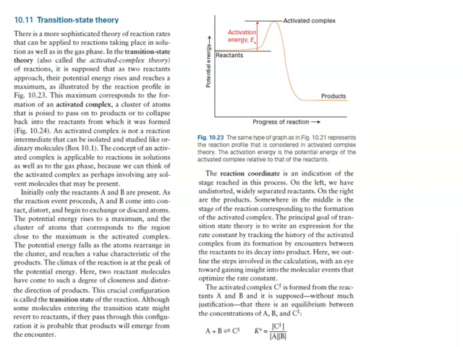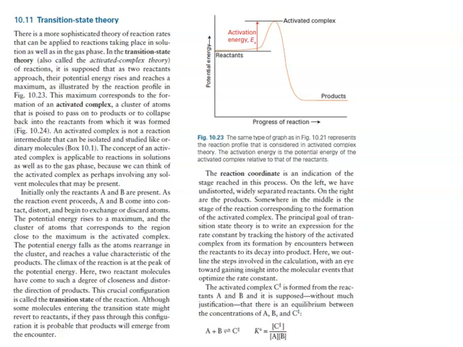So, moving along nicely to transition state theory. There's a more sophisticated theory of reaction rates that can be applied to reactions taking place in solution as well as in the gas phase.